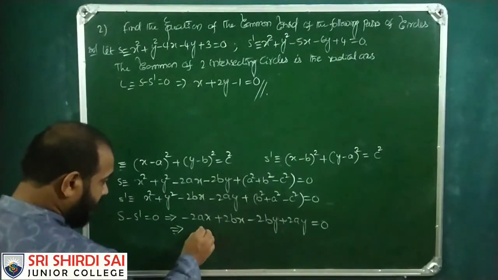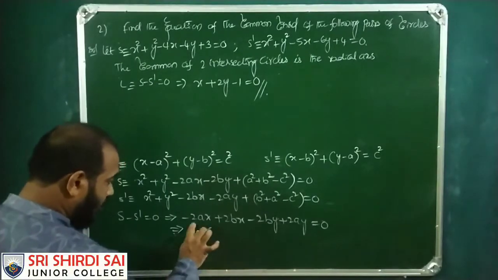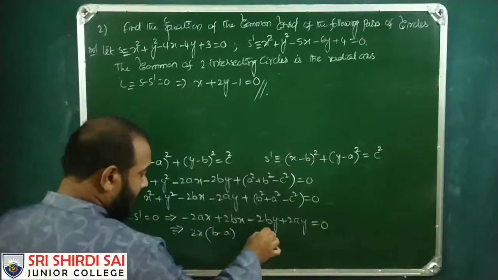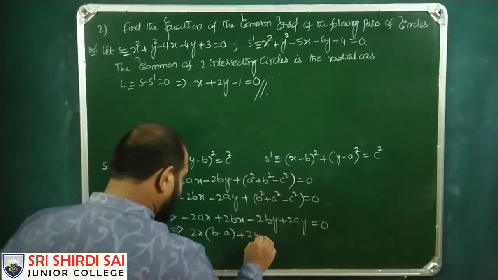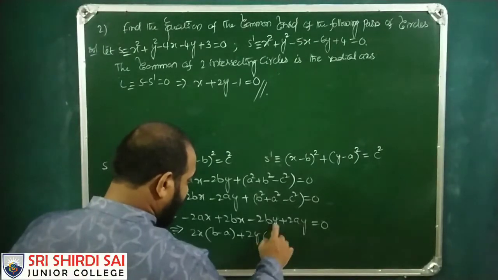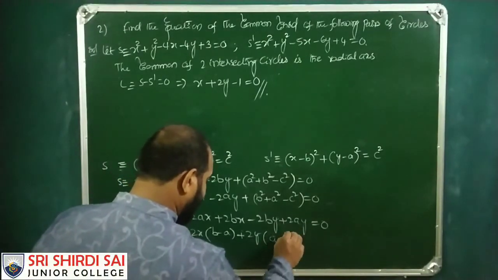Take 2x in common, then this is b minus a. If we take 2y in common, then this is a minus b equals to 0.